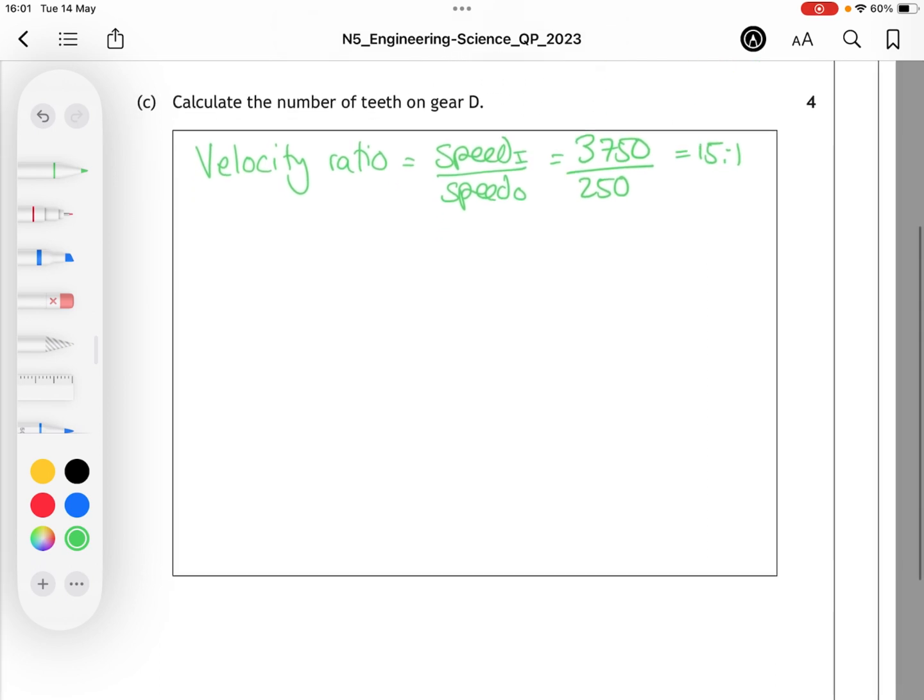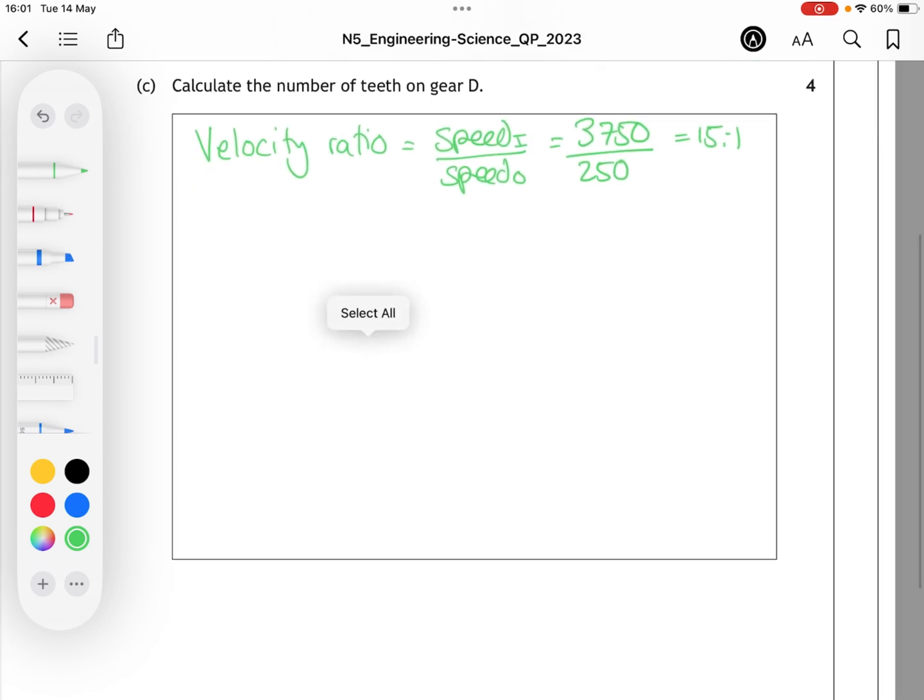The other thing, and I've told my students to memorize this, I hope you have, is that the speed of input times the size of the input, in this case the teeth of the input, is equal to the speed of the output times the size of the output. I'm using T as short for teeth there.